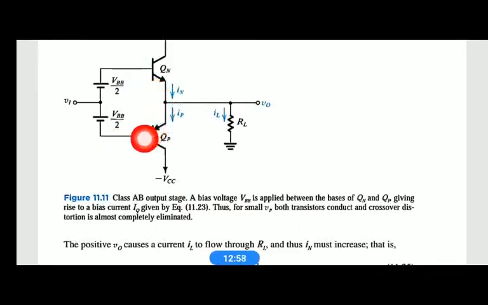VBE is increased due to the positive cycle, due to the increase in Vi, whereas VEB is decreased due to the increase in Vi, which reduces the conduction in QP, hence the current flow through QP, which is IP, is reduced. Therefore when you apply the positive voltage Vi, meaning when you increase the voltage Vi towards the positive direction, the current IN increases and IP decreases, right.